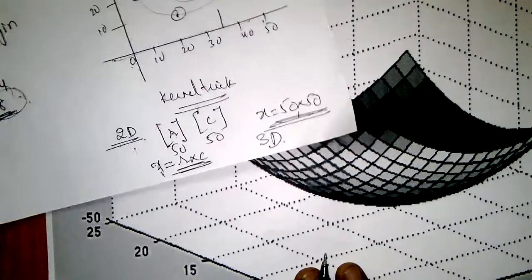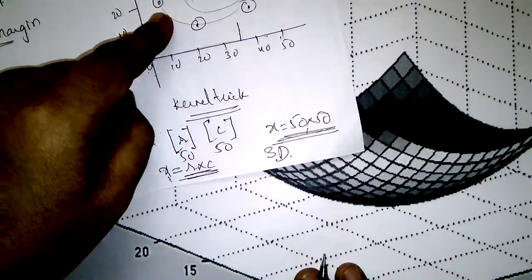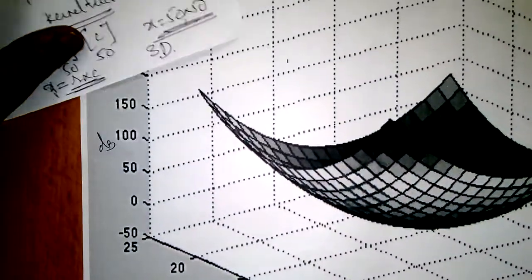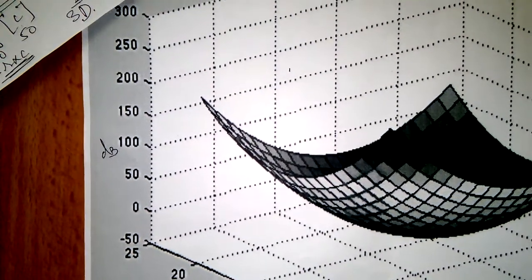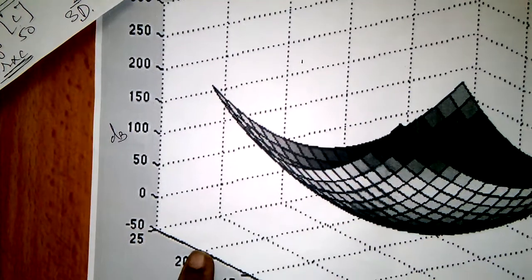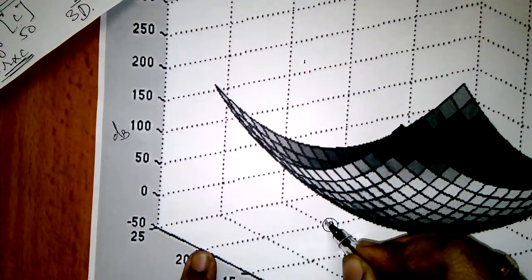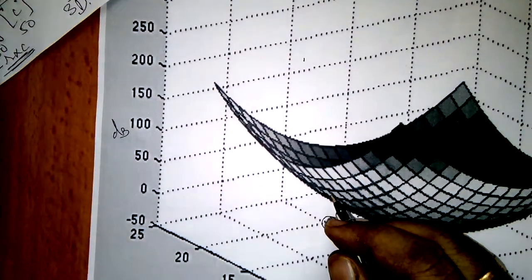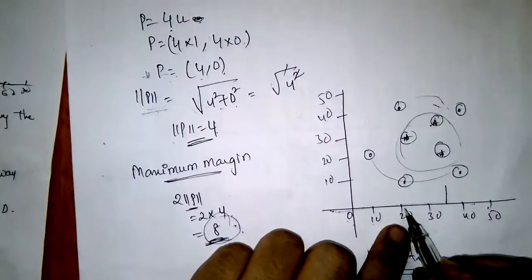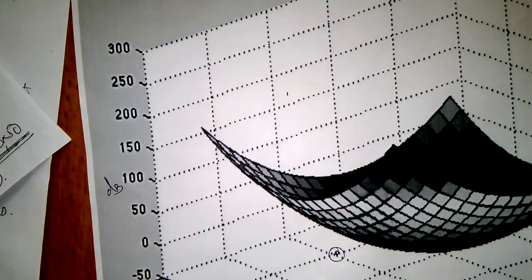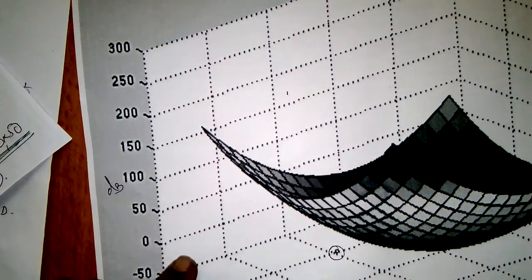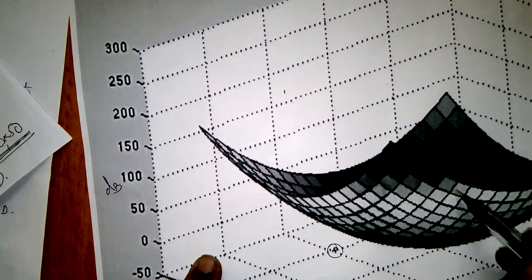Now suppose here we have 10 and 20, so we will plot this one here. Next, another star, class 2: 30 and 20.